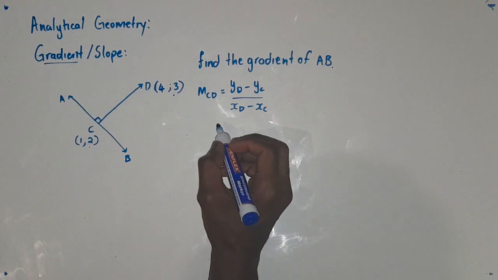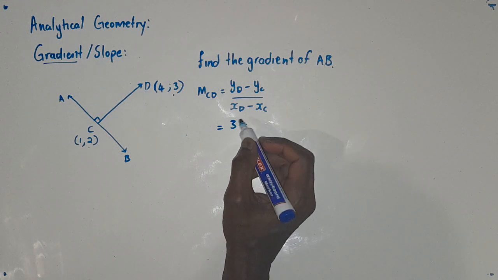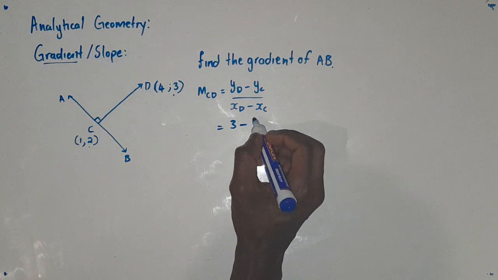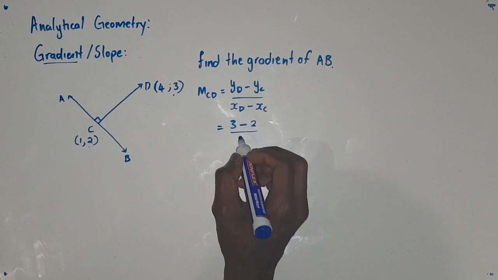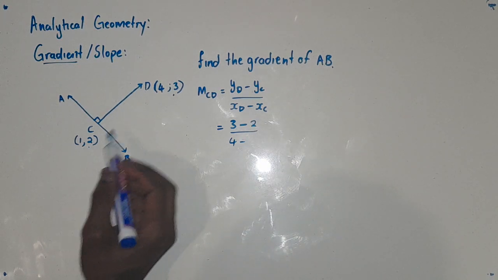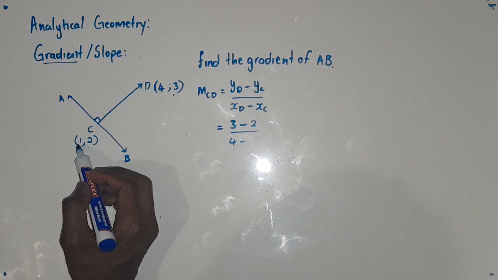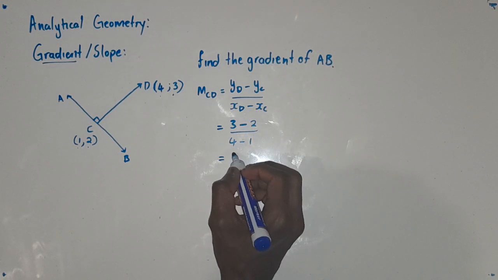We will still say yd is 3 minus yc, which is 2. This side for x, we have 4 minus 1.